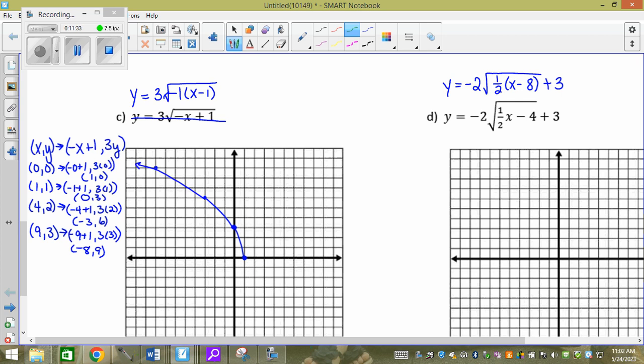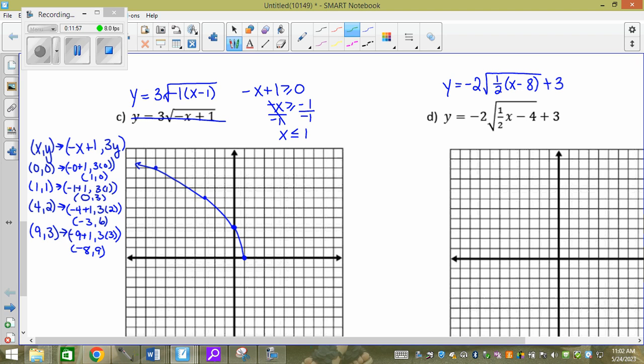Now if I go to do my domain, I have negative x plus 1 has to be greater than or equal to 0. Do we agree? Then I get negative x has to be greater than or equal to negative 1. Then I divide by negative 1. What happens when I divide by a negative with an inequality sign? It flips. So I get x is less than or equal to 1. Is that true? Yep.